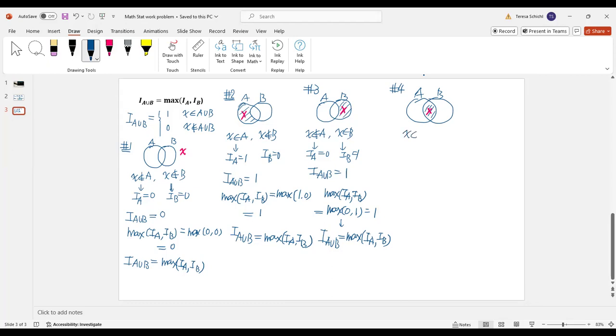So X belongs to A and X belongs to B. IA equals 1 and IB equals 1. Also, IA union B is 1 because X belongs to A union B. Now the max of IA, IB is the max of 1 and 1, so it's 1. So I proved this situation as well: IA union B equals the max of IA, IB.